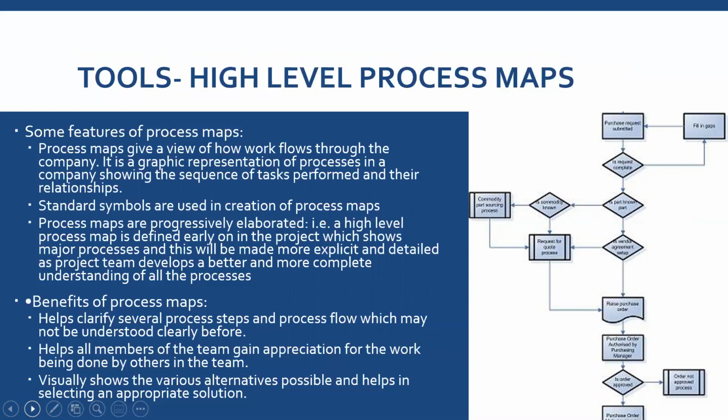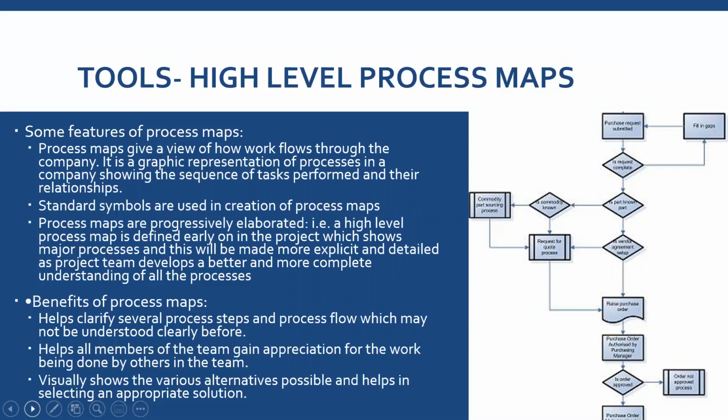It is a graphic representation of a process. It's a picture. So it is really nice to see the flow of the process through a picture. And also in that picture, you will see the sequence of tasks and the relationship between these tasks. It will give you a better idea of what the process looks like.